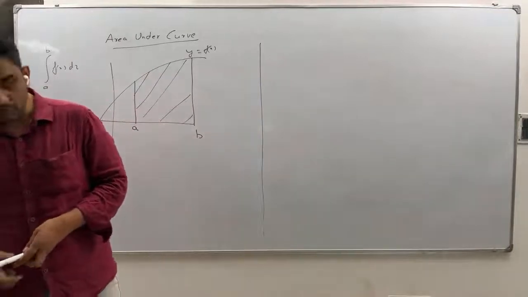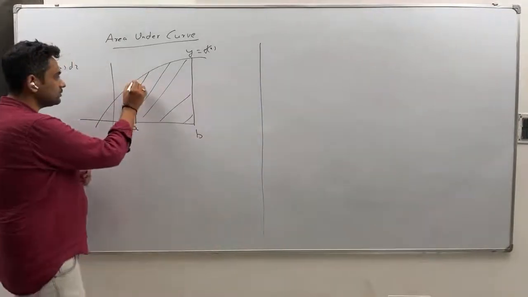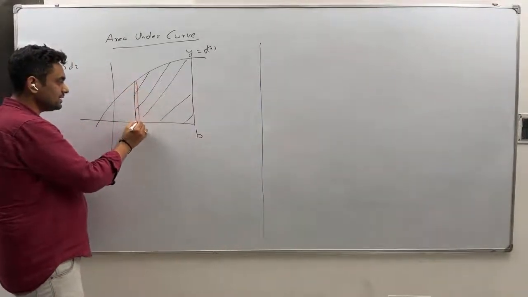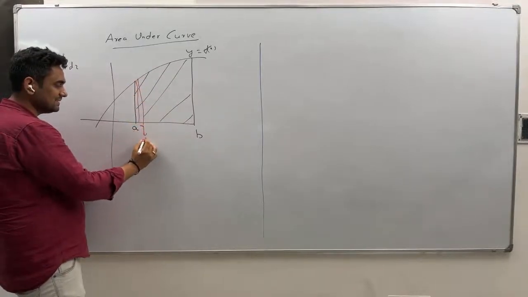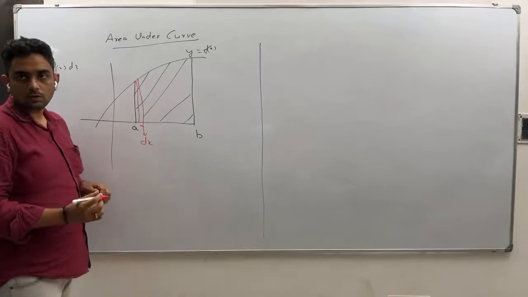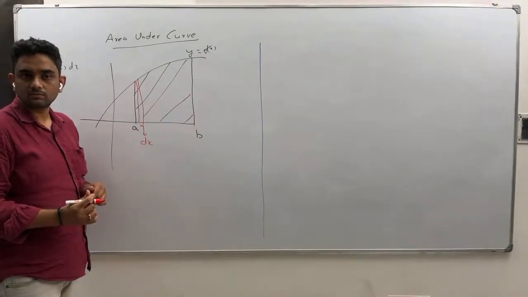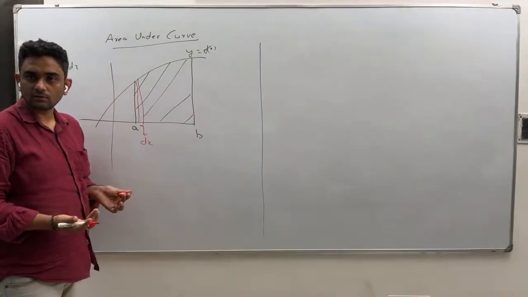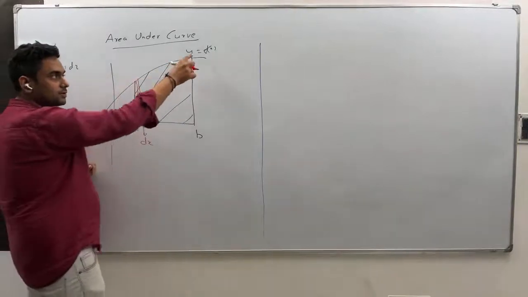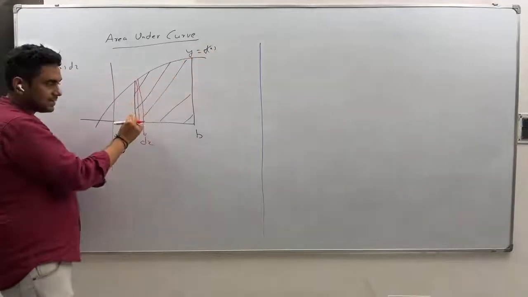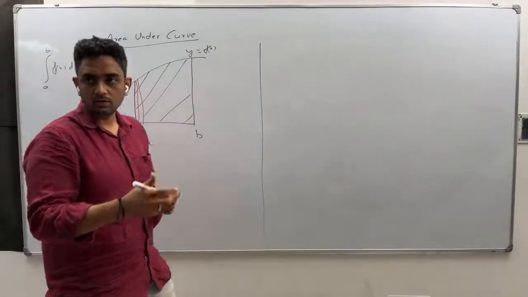So what we are assuming over here is that we are splitting this into very thin rectangular strips such that the width of each rectangular strip is dx. Now what is area of rectangle? Height into width. So dx is the width and height is the y coordinate. What is y coordinate? f of x. So like this, if we keep on adding, then we get this area.